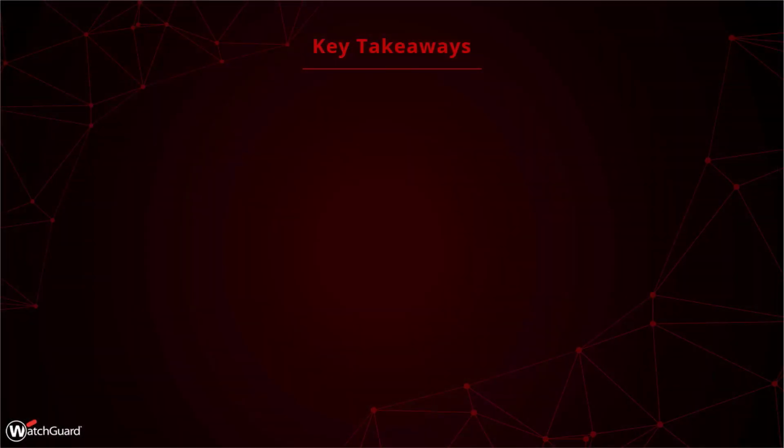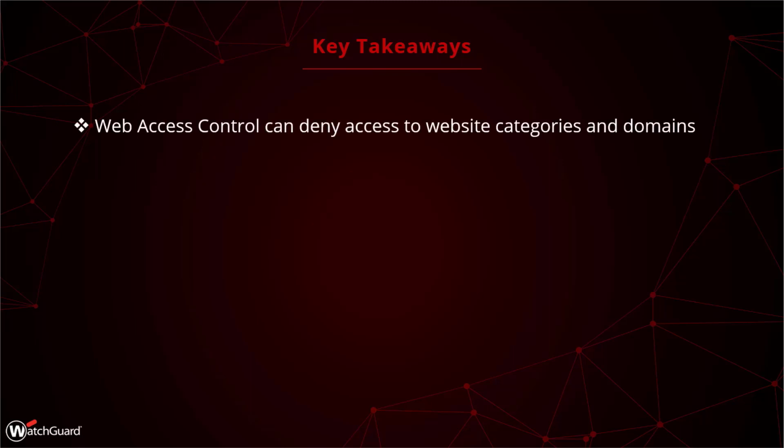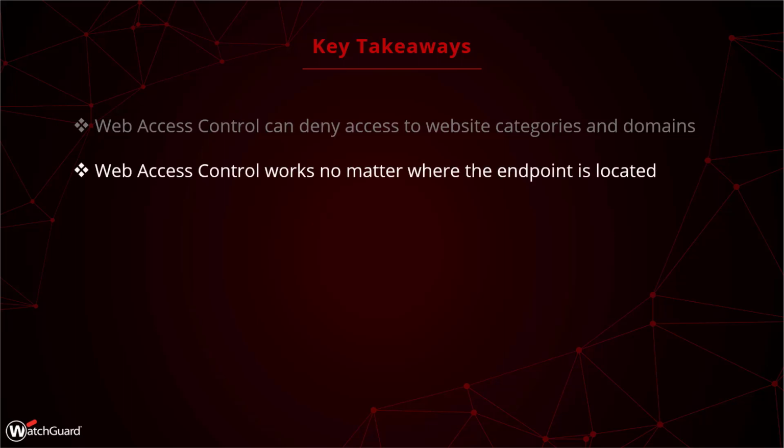That will do it for Web Access Control. We looked at how this feature can be used to deny access to different categories of websites and individual domains. We discussed the differences between Web Access Control and Web Blocker, and how Web Access Control will work no matter where the user is located.